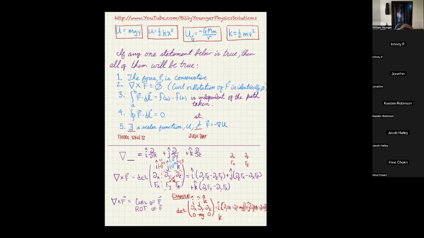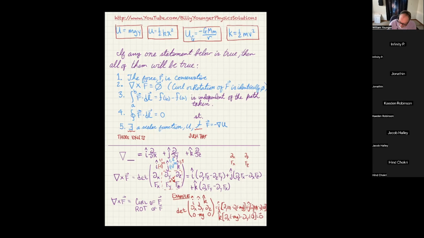And then the k hat term is going to be partial sub x of negative mg minus the partial sub y of 0. And the main thing is all that equals 0.